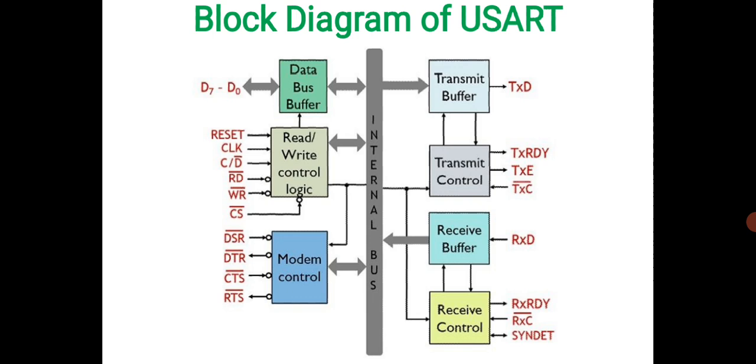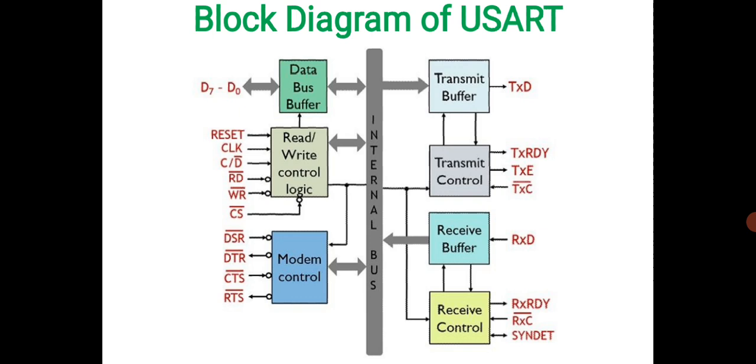Of course, we know the purpose of the read and write signals: whenever we want to read the data or write the information, these will be used. The chip select signal is used for selecting the particular IC. And the clock is normally connected to the microprocessor clock, the system clock.